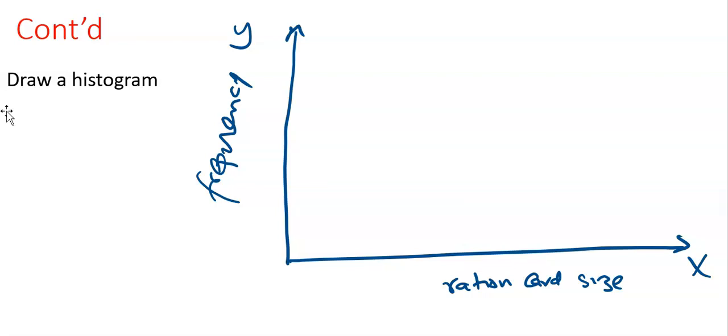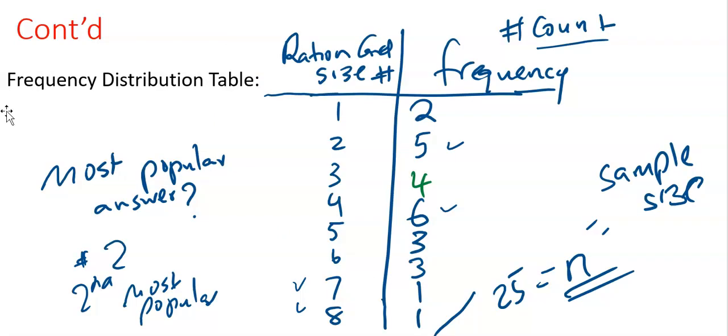Okay, so what is the scale? We have to have a scale then. So this is 1, 2, 3, 4, 5, 6, 7, and then 8, because that's what we have as the ration card sizes. And on the y-axis, from this frequency distribution table, the least is 1 and the highest number is 6.